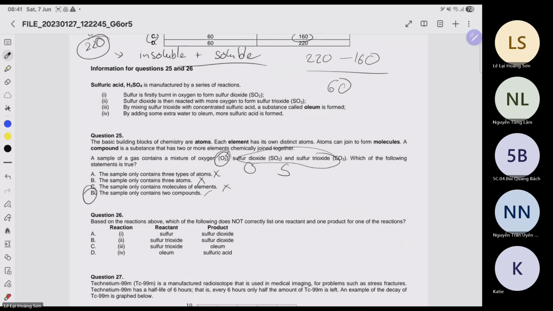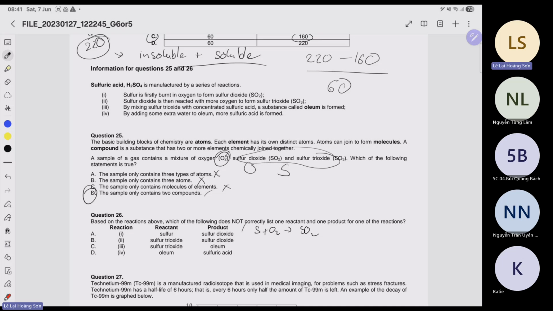In reaction one, sulfur reacts with oxygen to form sulfur dioxide. That's correct: sulfur is the reactant and sulfur dioxide is the product.